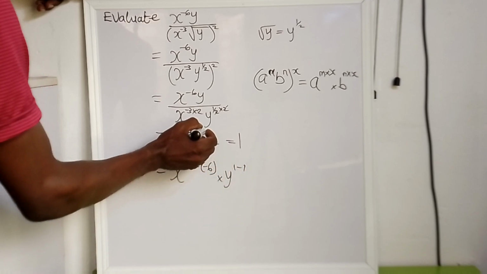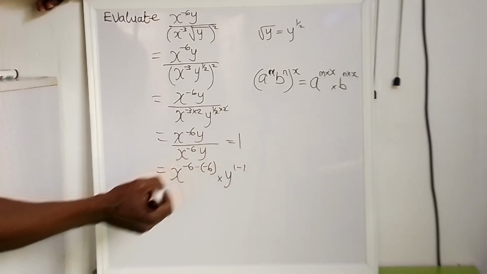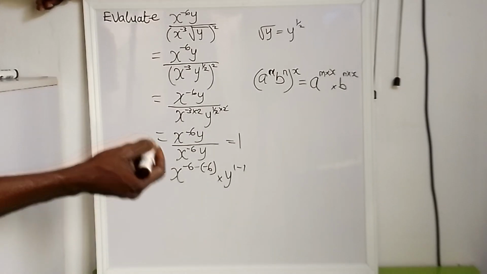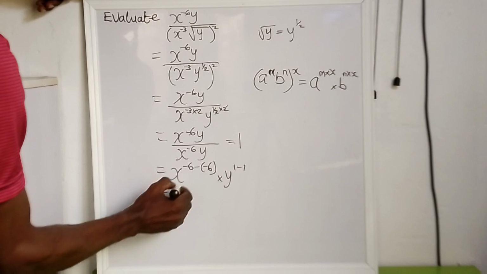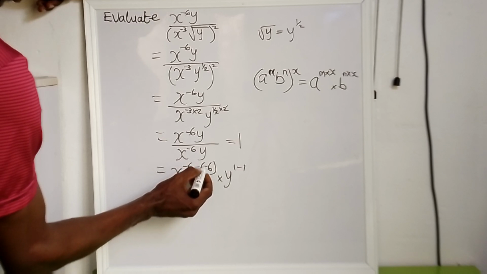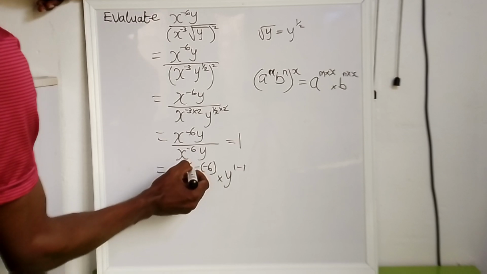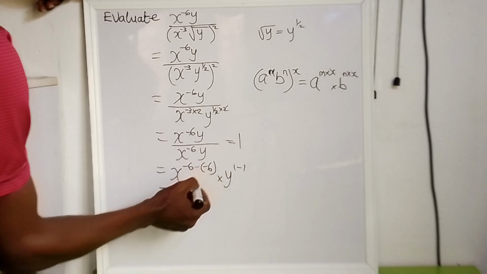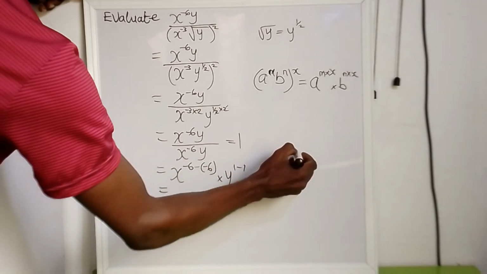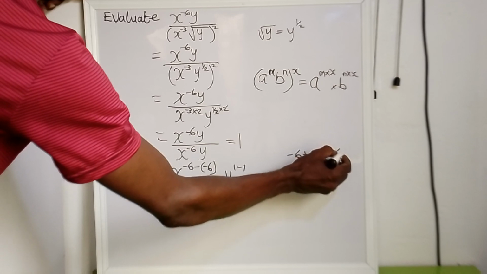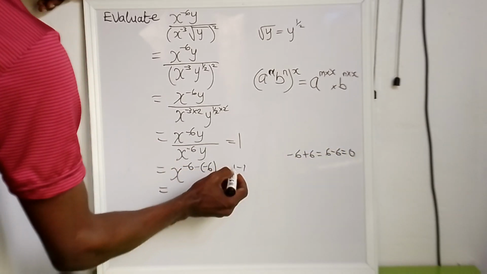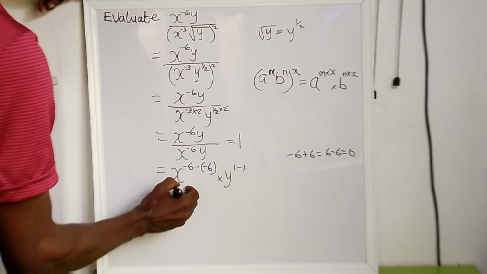Remember, there is an invisible 1 here, because y raised to the power 1 is the same thing as y. So from here we now have minus times minus, that is plus. Then we have minus 6 plus 6, that will be 0. The same thing, 1 minus 1, equals 0.